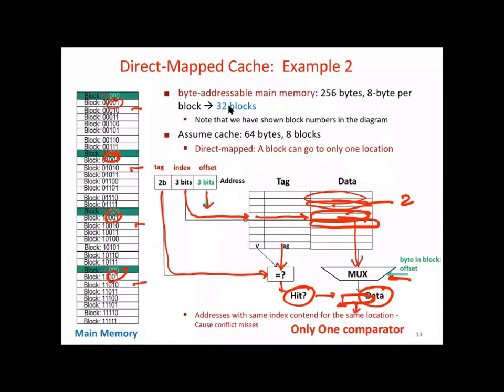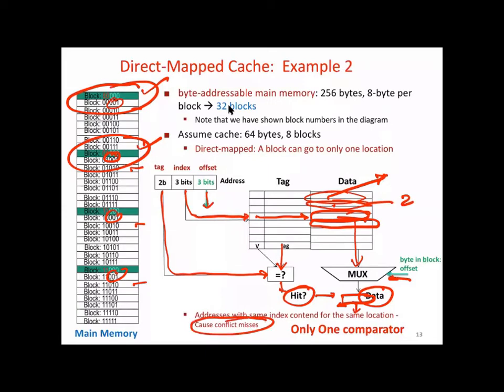What happens if your CPU wants this block and the block here? Because only one can be in this particular location. So once we are using this, and we want this one, basically we are fetching data from both, but only one can be there, right? And this kind of miss, we call conflict misses.